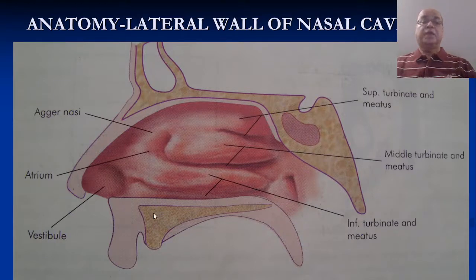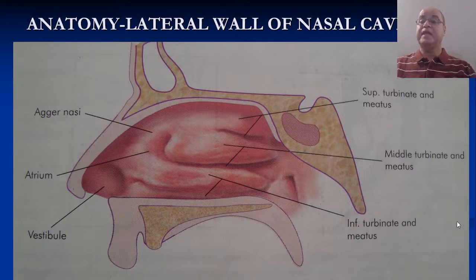Then above the nasal vestibule and in front of the middle meatus is an area which we call the atrium, and above this atrium is what we call the agger nasi. This agger nasi is a prominence which generally contains anterior ethmoidal air cells.